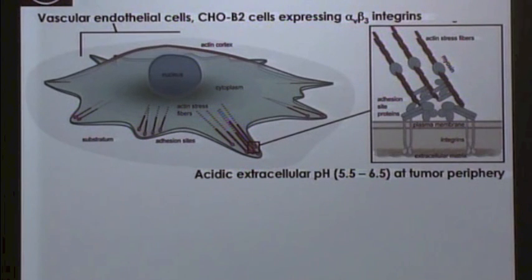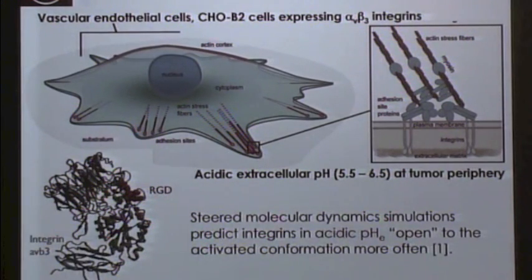Okay, so we asked the question whether or not this acidity would affect this binding between the cell and the matrix through those integrins. The first way we looked at that was with computational modeling. So this is an engineering tool, okay, but it's not for a physical experiment. In this case, we took the tripeptide of the matrix ligand, such as fibronectin, docked it to one of those integrins, and did a series of simulations called steered molecular dynamics for this binding interaction and unbinding interaction at normal physiological pH as well as acidic pH.